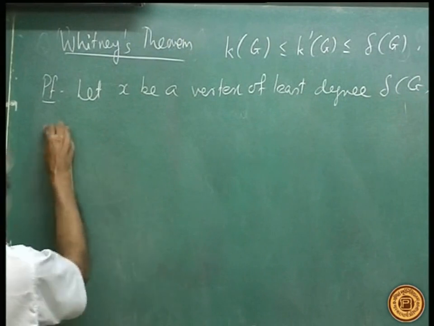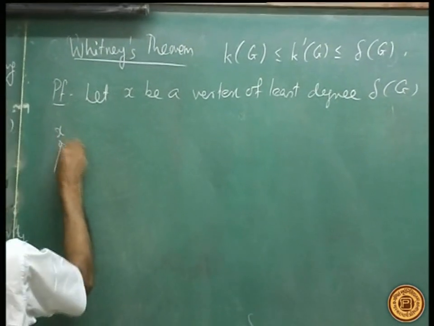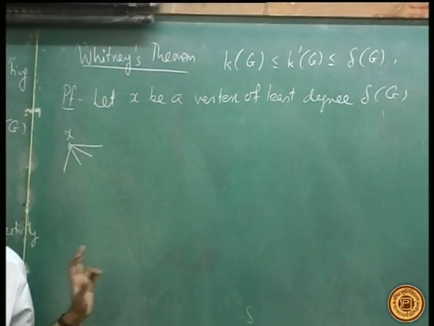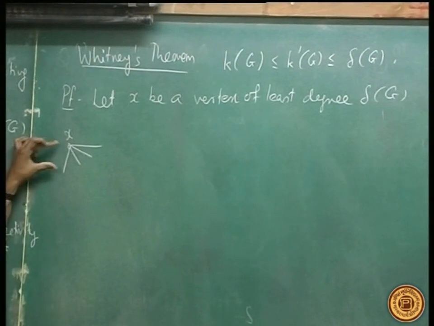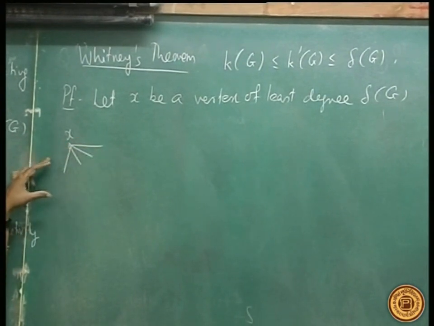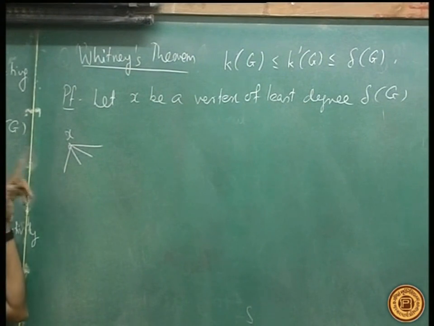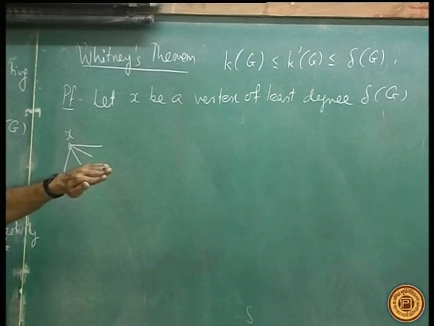What does that mean really? Can I now remove these edges? If I remove these edges, then the graph will become disconnected. Is that clear? X will be remaining word.